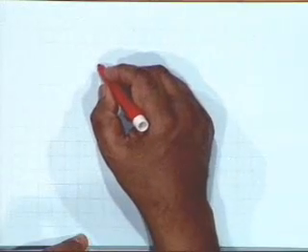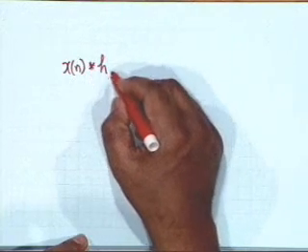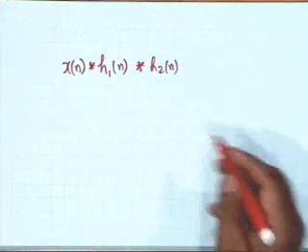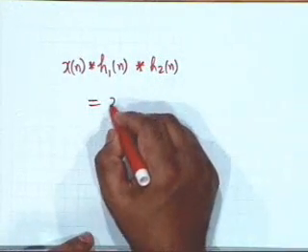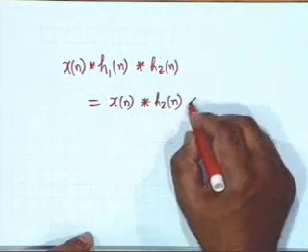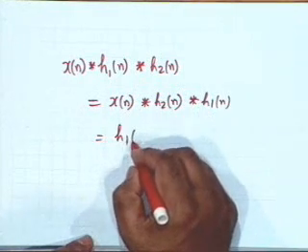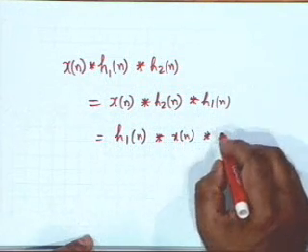And in a similar manner, you can show that x of n convolved with h1 of n convolved with h2 of n. You can go on doing convolution of different signals. Well, you can show that this is the same as x of n. What you convolve with first, it doesn't matter. h2 of n, h1 of n, or you could even start with h1 of n convolved with x of n, then convolved with h2 of n.